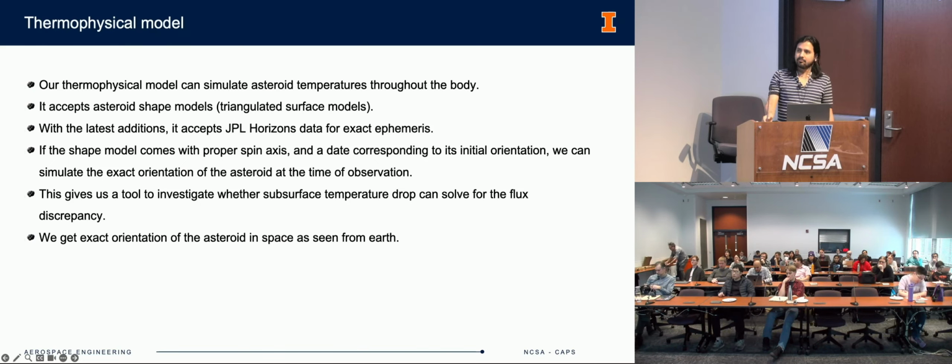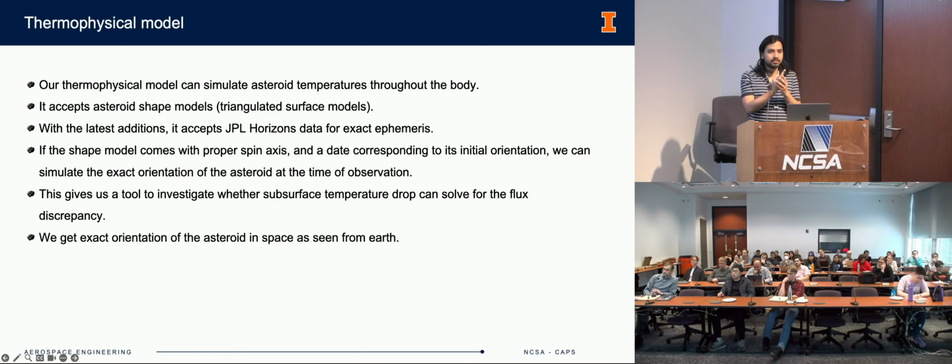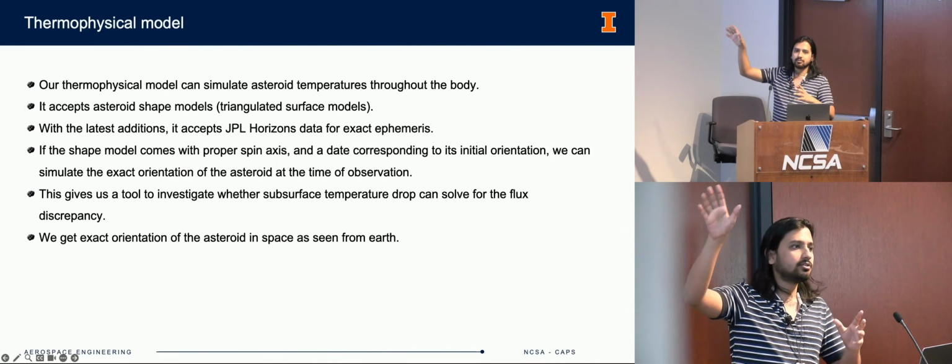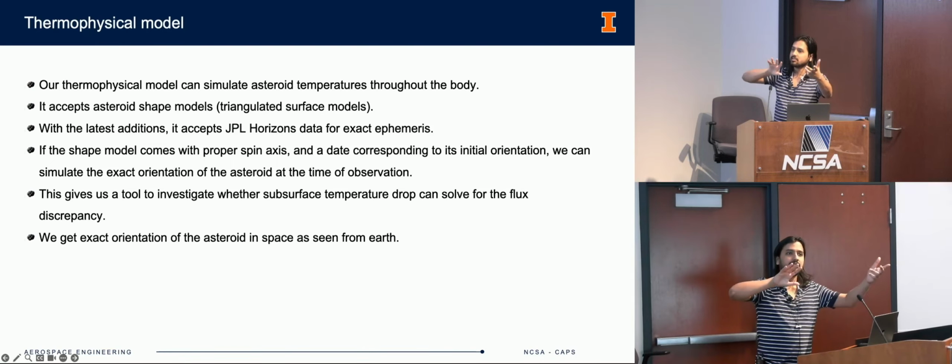And then we've also made some additions to it so that it can take in JPL Horizons ephemeris data, so we know exactly where the asteroid is at a certain time when an observation is taken. Along with the shape model, if we get the proper spin orientation of the asteroid, we know the rotation period and everything, and we also know how it is positioned with respect to the sun.